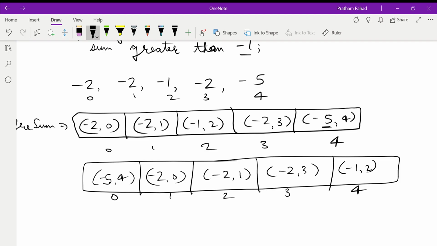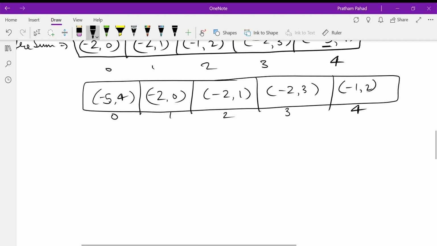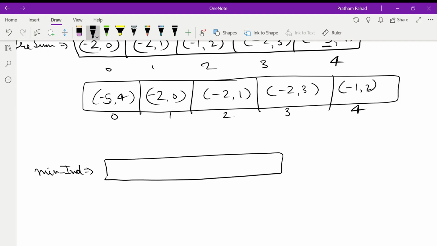After this, we'll make a minimum index array also, so that we'll start storing the minimum index in that and return it. As the minimum index will be returned, we can then determine the length from the minimum index. So minimum index, 0, 1, 2, 3, 4.